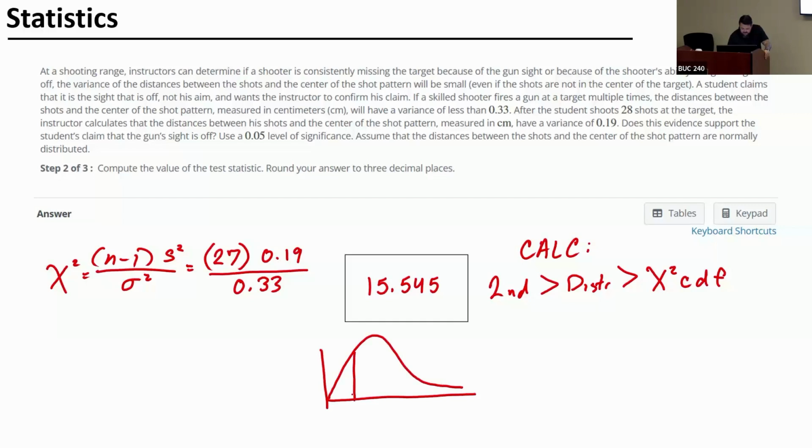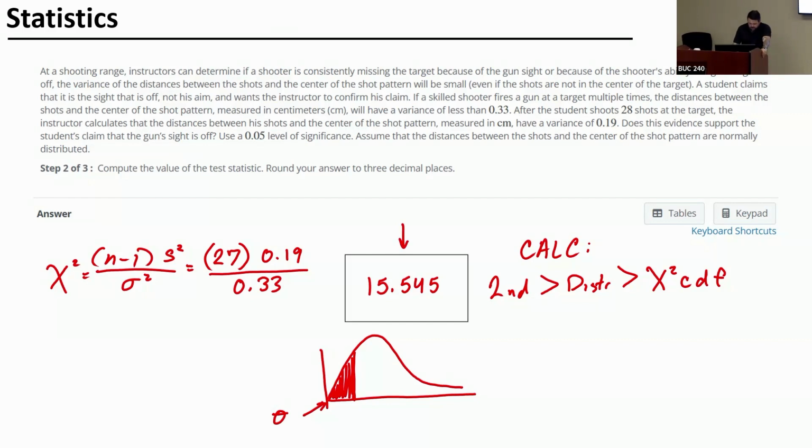My left-tailed test is gonna tell me this is what it looks like. Now, I show you in your notes how you can find out that little chi-square, but realize chi-square actually does not have an asymptote on its left-hand side. It starts exactly at 0. Okay, so that starts at 0. Then your upper bound is going to be that guy.